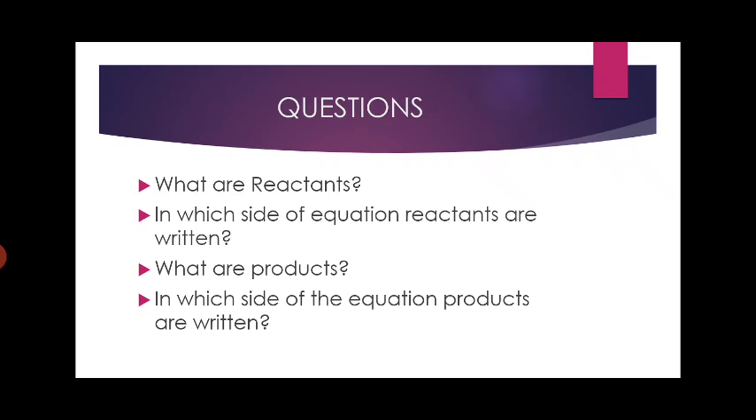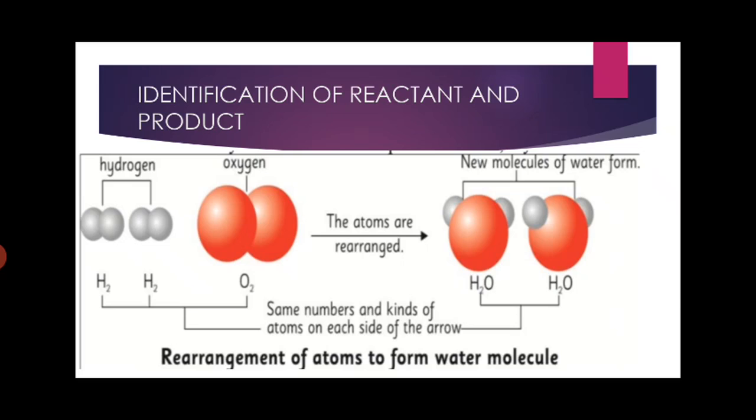Do memorize that. Now the third question is, what are products? Substances formed as a result of a chemical reaction are known as products. The last question, on which side of the equation are products written? On the right side of the chemical equation.